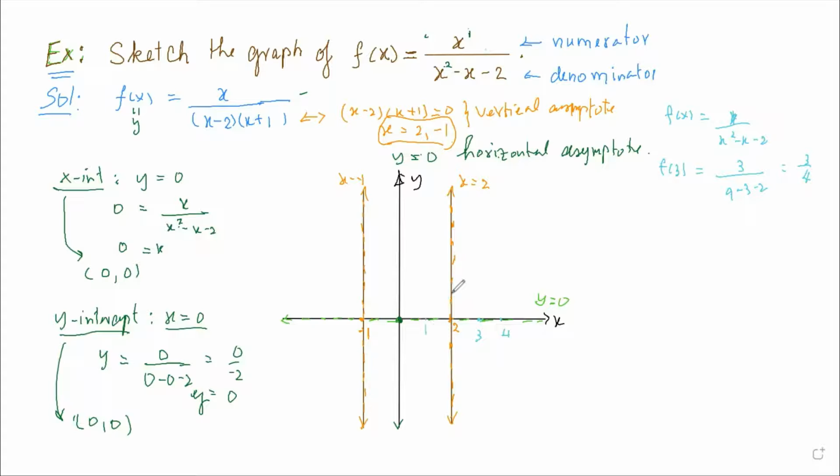Assume 1 is about here and this is negative 1. So when x equals 3, the value of y equals 3 over 4. 1 is here, so it is less than 1.